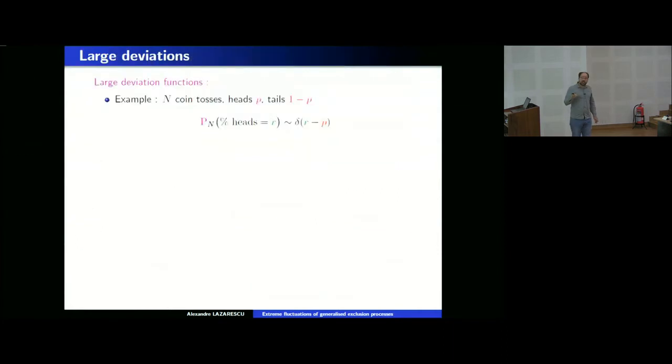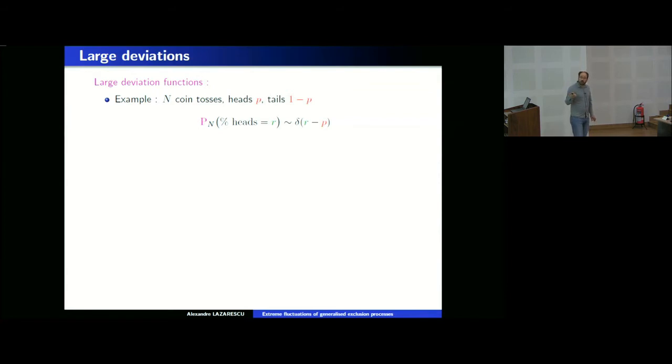To introduce some notations, well, you probably all know exactly what a large deviation function is, much better than I do, but let's just introduce notations. The most simple example: you take n coin flips with a certain probability for heads, and you're interested in the probability of the ratio of heads.